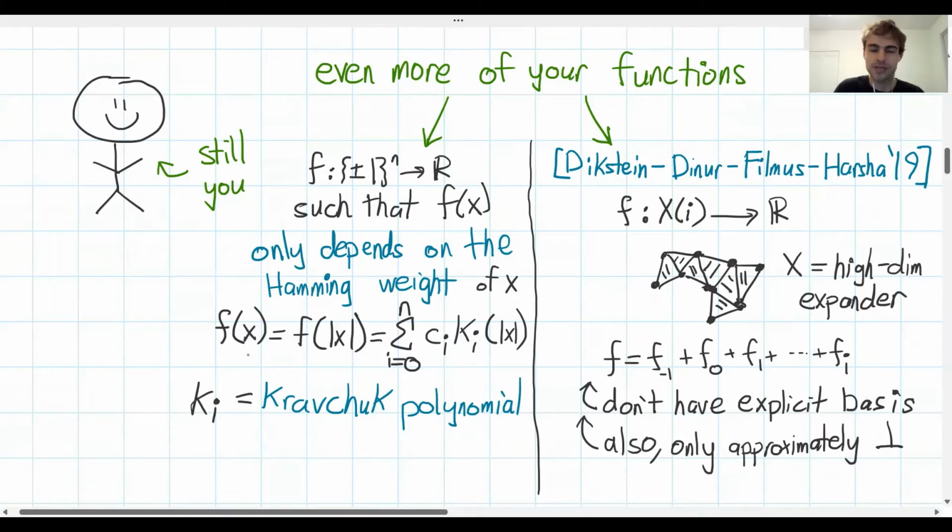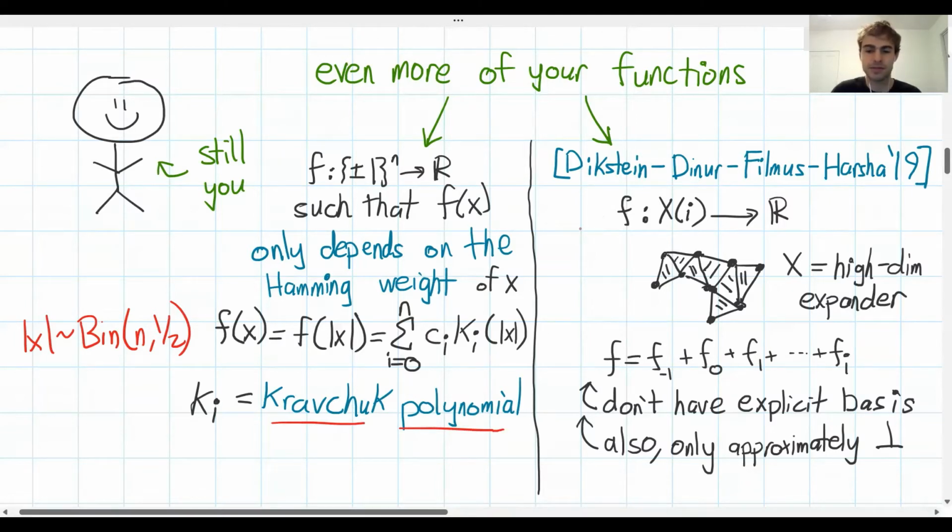So you'd like to express f as some function of the Hamming weight. Well, if x comes uniformly from the hypercube, then the Hamming weight of x is distributed as a binomial random variable. Therefore, the orthogonal polynomial family that you're interested in is the orthogonal polynomials for the binomial distribution. And these are well known and studied as the Krawtchouk polynomials.